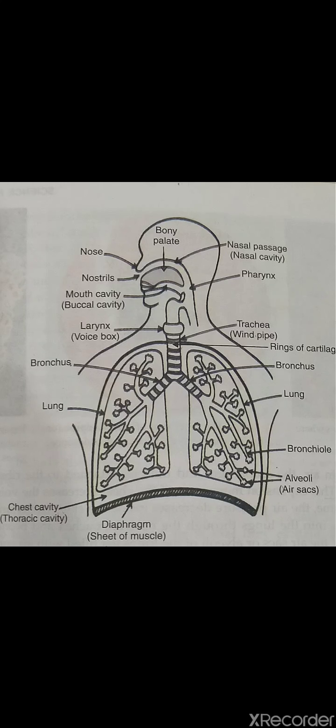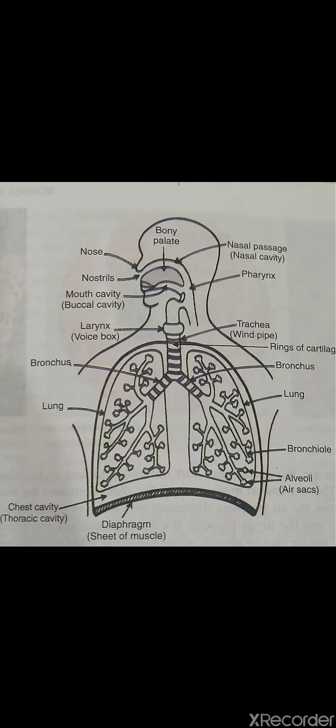And in the lungs, the air passes through a large number of small tubes called bronchioles, and then after the bronchioles it reaches the alveoli. Fine. And as I already told you, the alveoli are surrounded by very thin blood vessels called blood capillaries, which carry blood.